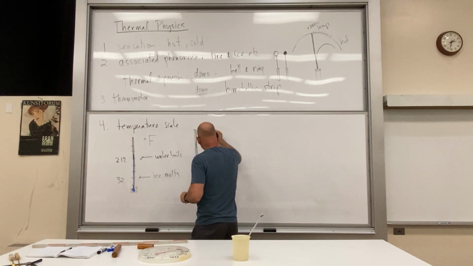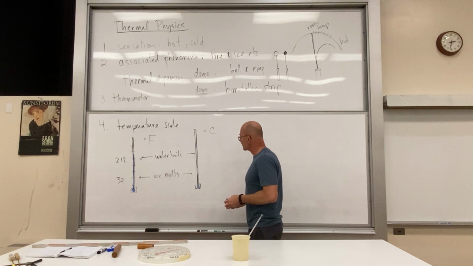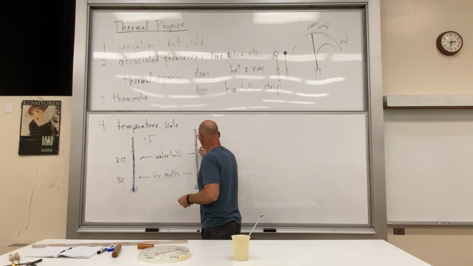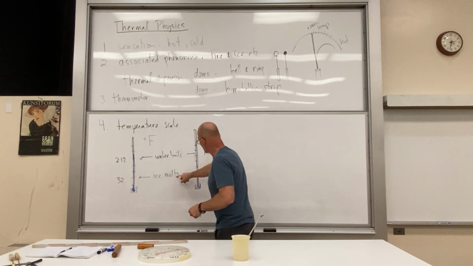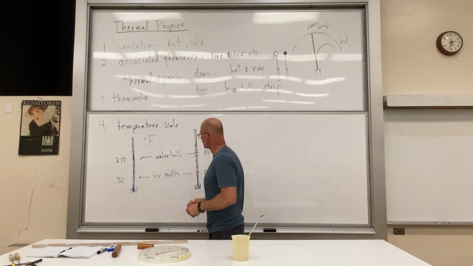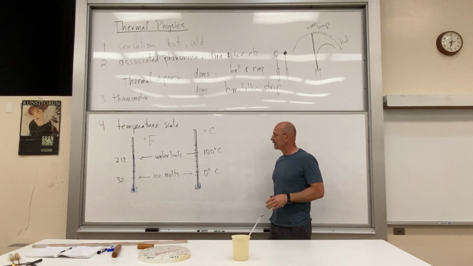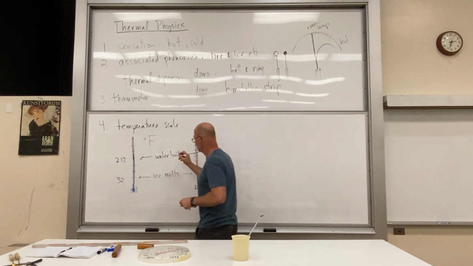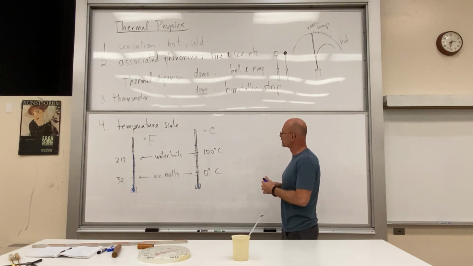Call this the Celsius scale. And then an identical thermometer, and I've just changed the scale because now I have 100 degrees Celsius and 0 degrees Celsius for ice melting and water boiling. So you can see at this point we could make up as many scales as there are names in the phone book. Just stick with these two for now. But yeah, there's an example of thermal expansion in temperature scales.